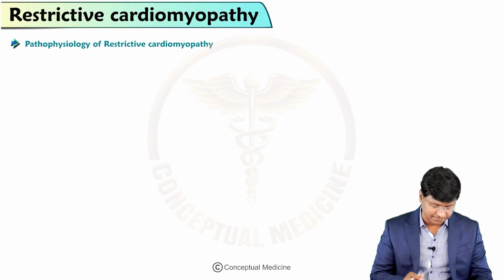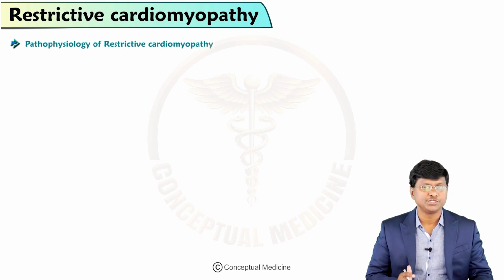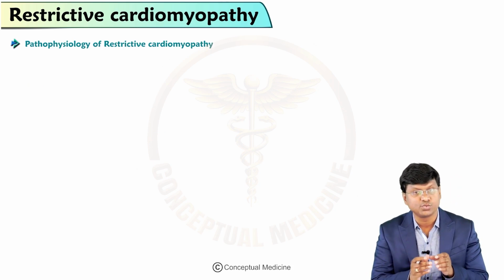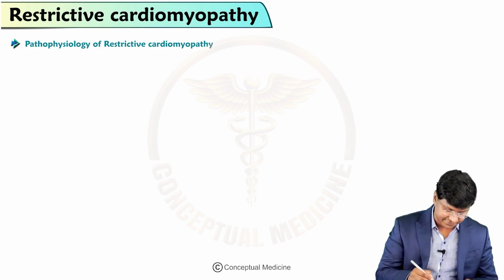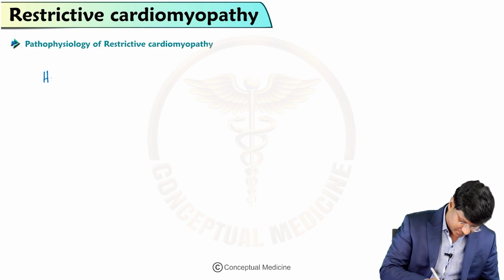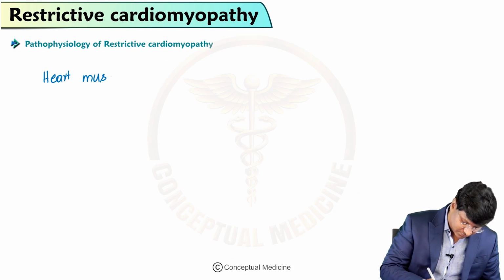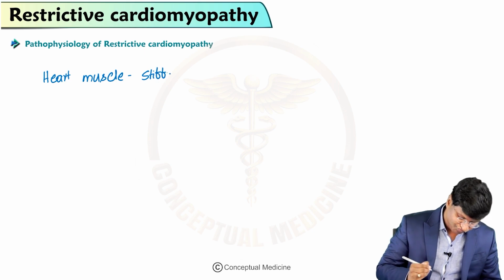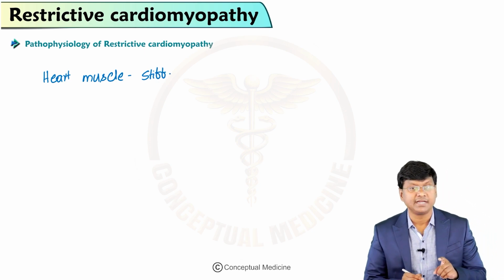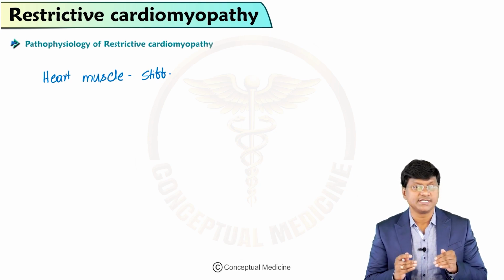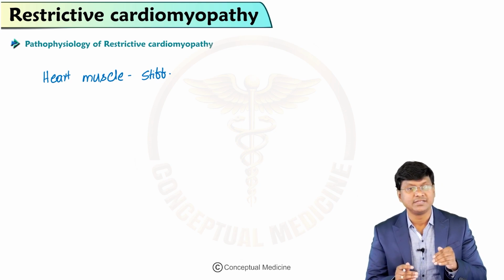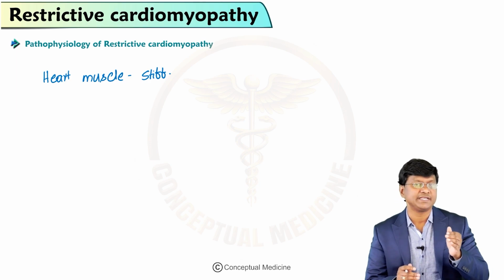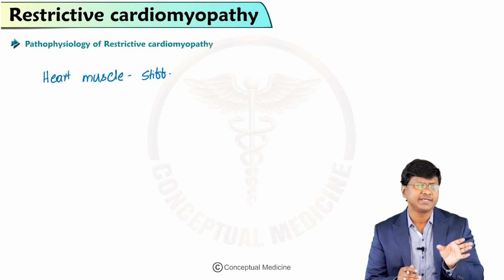If you take the pathophysiology of restrictive cardiomyopathy, it is a disease where the heart muscle becomes stiff. This causes the pressure within the ventricles to rise precipitously with small increase in volume.